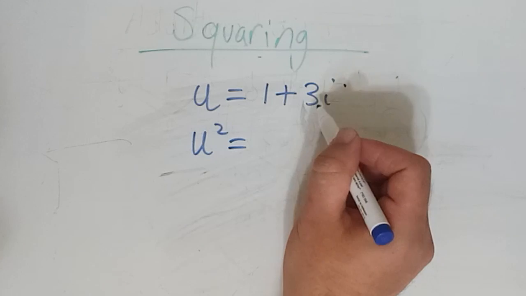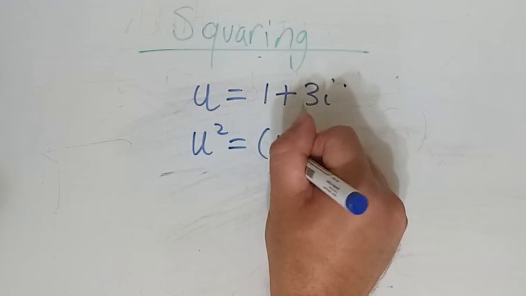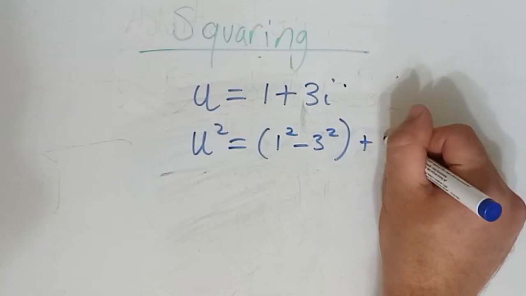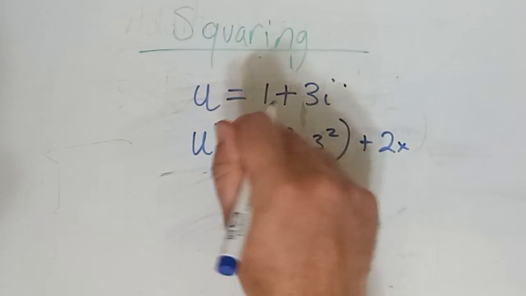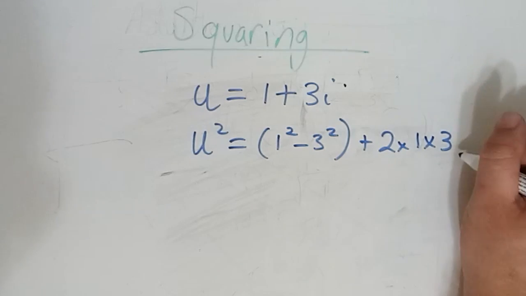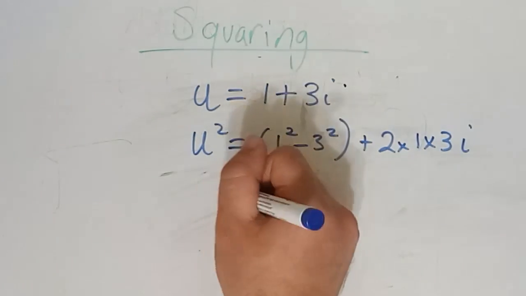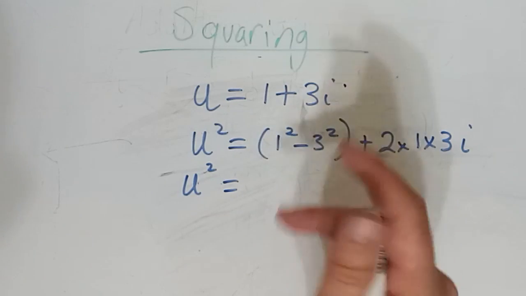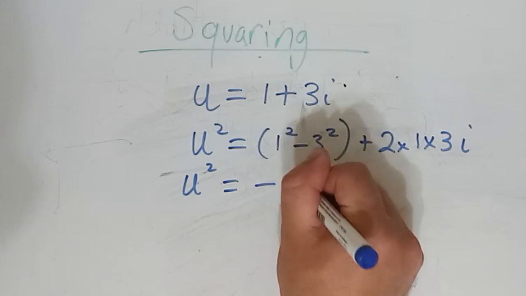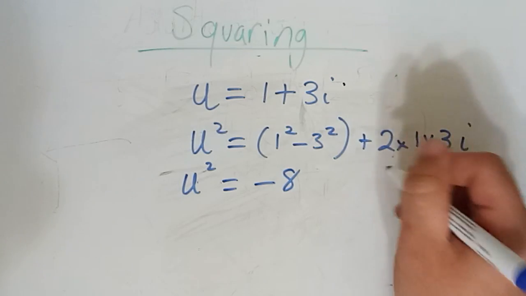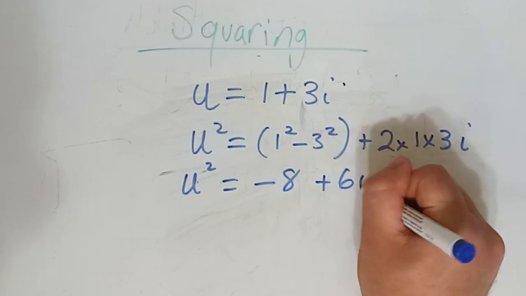So 1 squared minus 3 squared, plus 2xy, double 1 times 3i. U squared is 1 minus 9, which is negative 8. And then 2 times 1 times 3, that's 6, plus 6i.